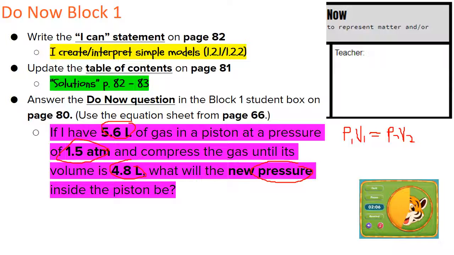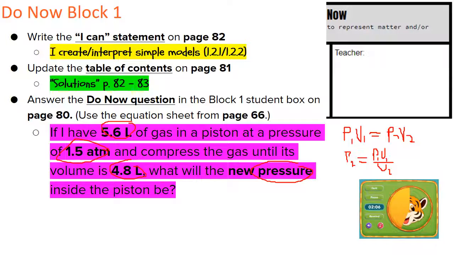And we're being asked to find P2, so I'm going to go ahead and divide both sides by V2 and get P2 is equal to P1 V1 divided by V2.